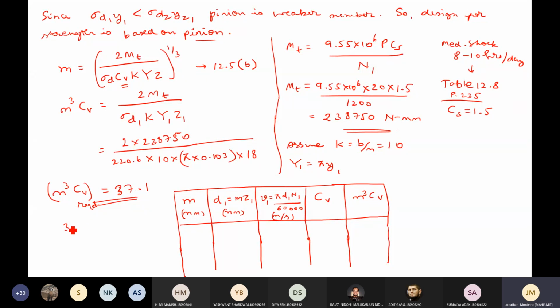Okay, so 3 you can straight away neglect, because anyway 27 into a value lesser than 1 will give me a total value of less than 37. So let us start with 4, because 4 cube is 64. 64 into something may help me to reach 37. So this kind of trial and error method you'll get an idea once you practice the problems correctly.